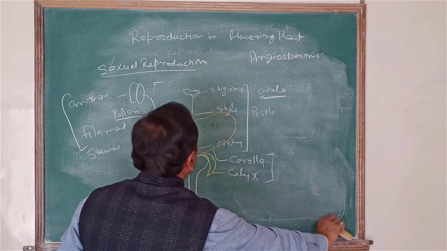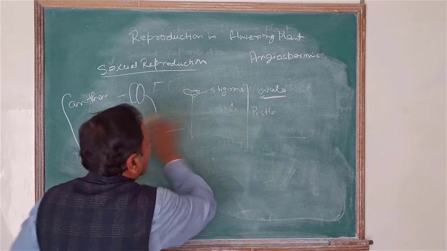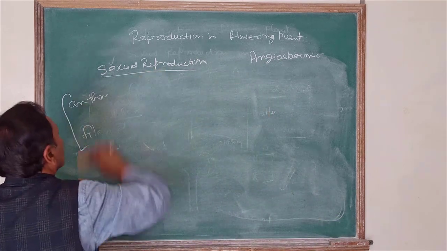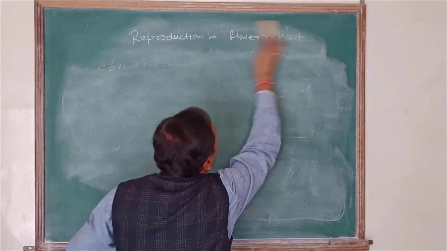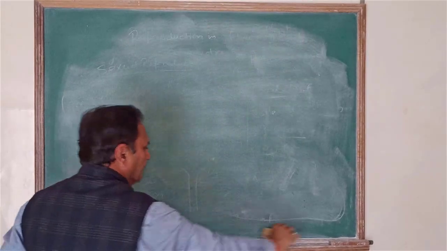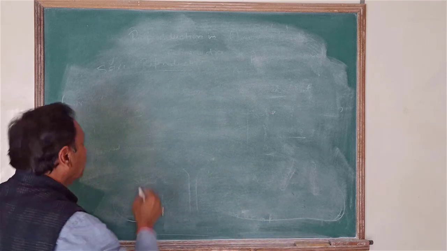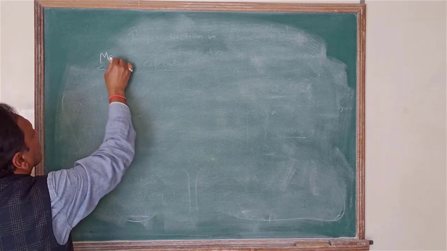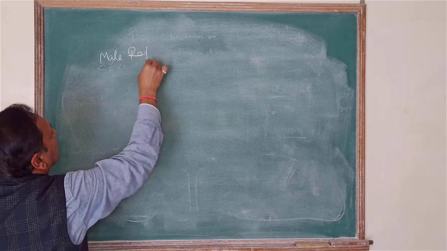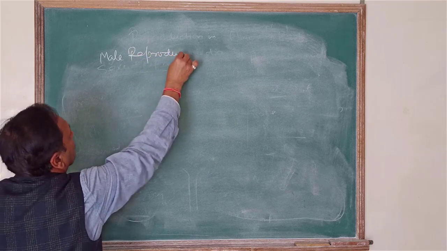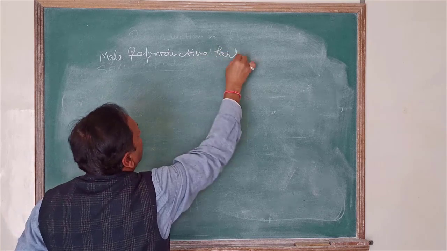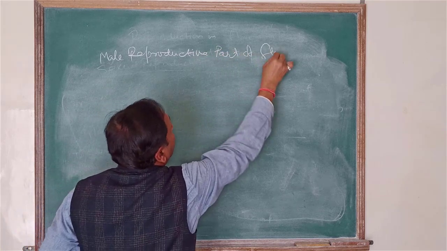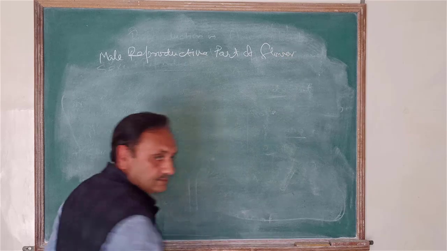Now we will discuss separately the anther and the male part and the female part of the flower. First, the male reproductive part of the flower.